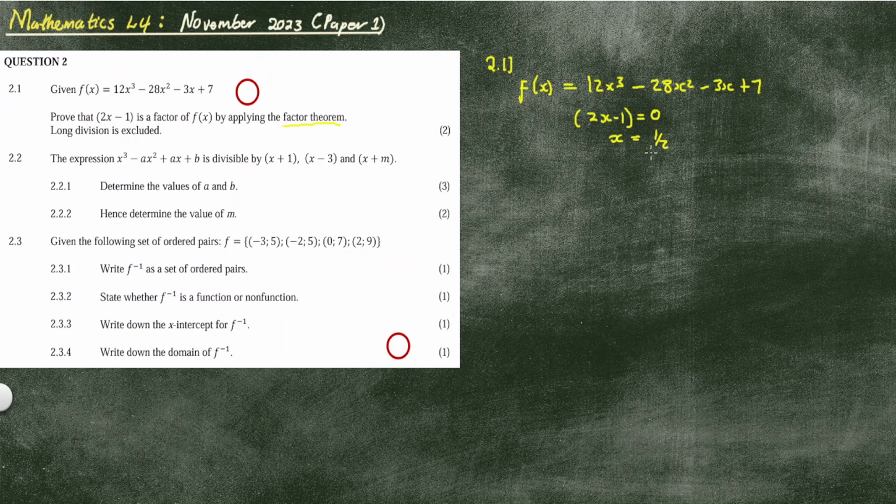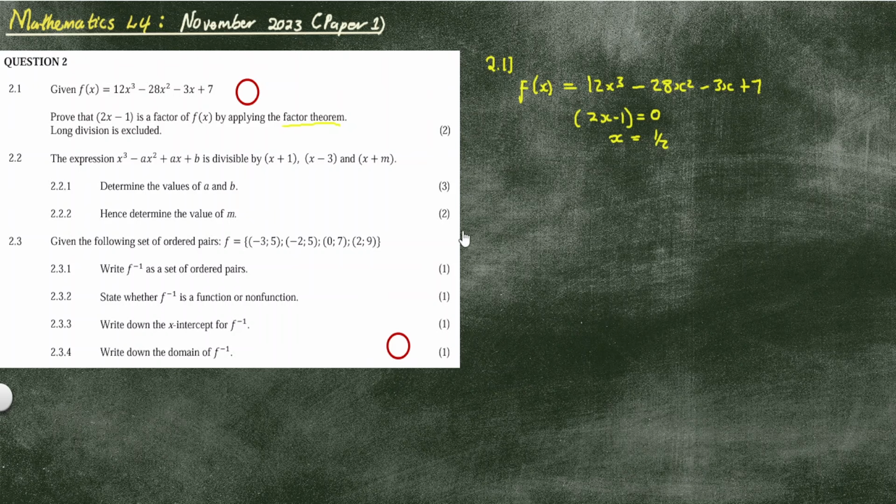We are using the factor theorem, so when you substitute the x into the f function, you should get 0. If the answer is 0, it means that 2x minus 1 is a factor. However, if we substitute x as 1 over 2 and the answer doesn't come out as 0, it means that 2x minus 1 is not a factor.